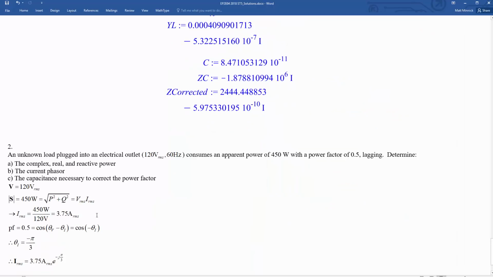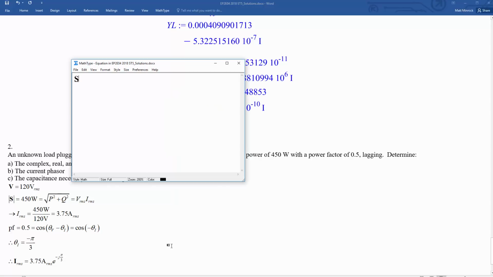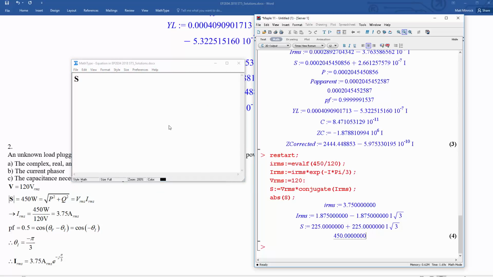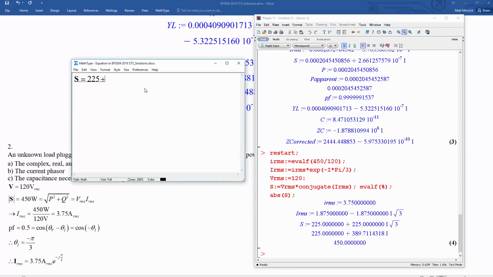We found the complex power as well. So S ends up being equal to 225 plus 225 root 3, which is 389.7 J. And this is going to be in watts and volt-amps reactive.